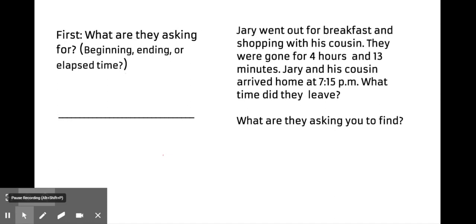All right, first you have to ask yourself, what are they asking for? Beginning, ending, or elapsed time? Okay, so this problem gives us a time that they arrived home, but we have no idea the time that they left. So we are looking for beginning time.